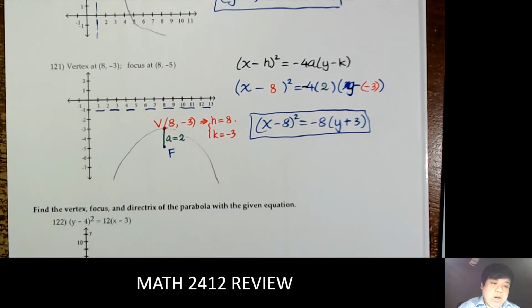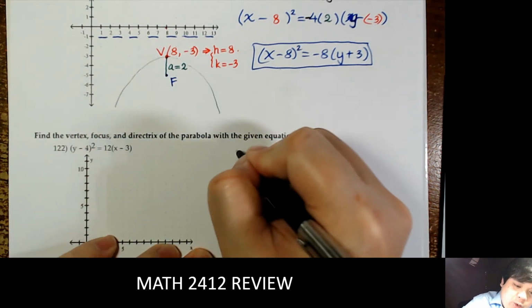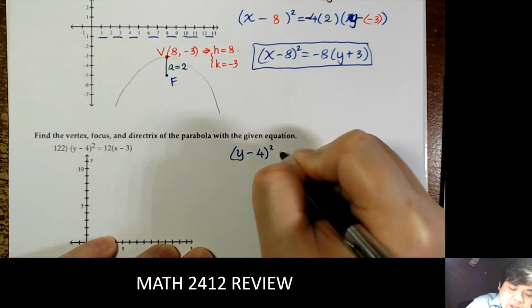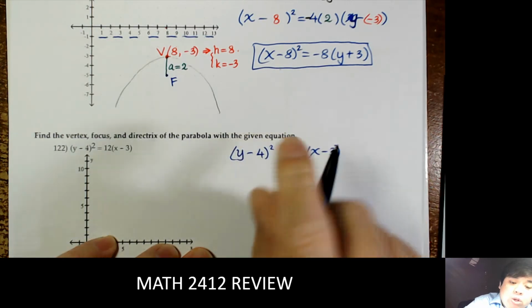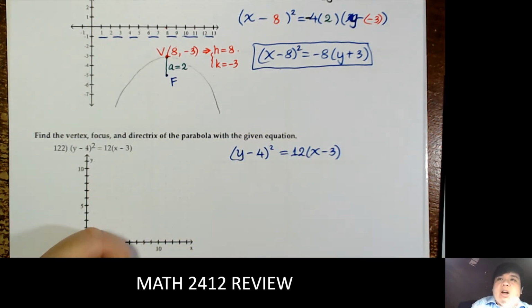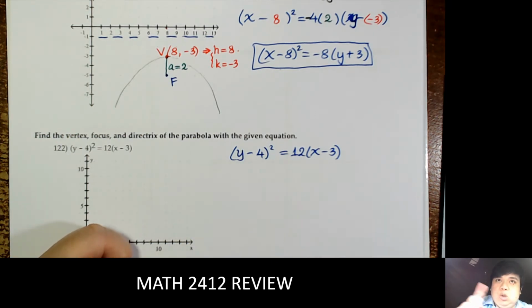Next we have the equation, but we need to find the vertex, focus, and the directrix. It will be very helpful if we still graph it. So y minus 4 squared equal to 12 times x minus 3. We start with y squared, so it has to be left and right, and it is positive, so it is going to be to the right. Right.